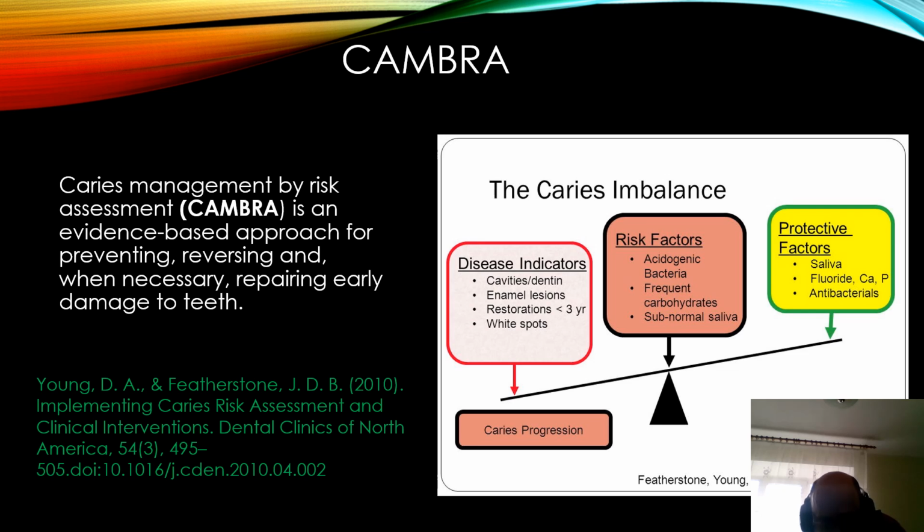On this scheme, they are shown the caries imbalance between disease indicators and protective factors, the risk factors. And in case of decreasing quantity of risk factors, there will be no caries, but if risk factors will be increased, we will observe caries progression.